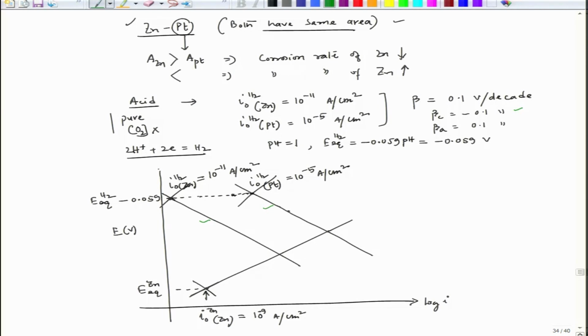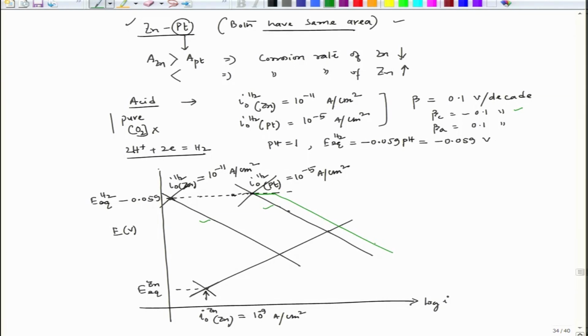And since these two cathodic reactions are taking place over the zinc as well as the platinum surface, as per the mixed potential theory we have to add them and then take a log. So, we will find that this new line, which is the addition line, let me draw it with the green color. So, we just add it up and then the parallel line will go like this.